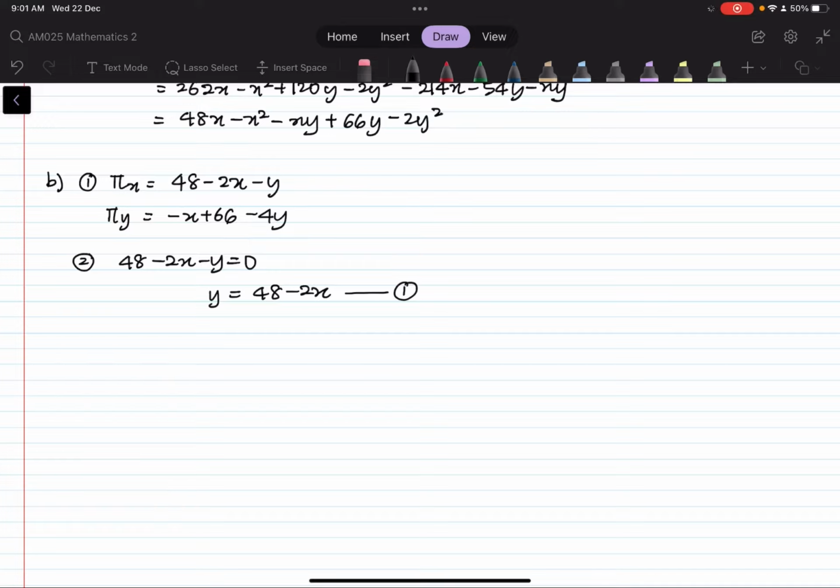For pi sub y equal to 0: negative x plus 66 minus 4y equals 0. We substitute the first equation into the second equation: negative x plus 66 minus 4 times 48 minus 2x, substituted for y, equals 0.